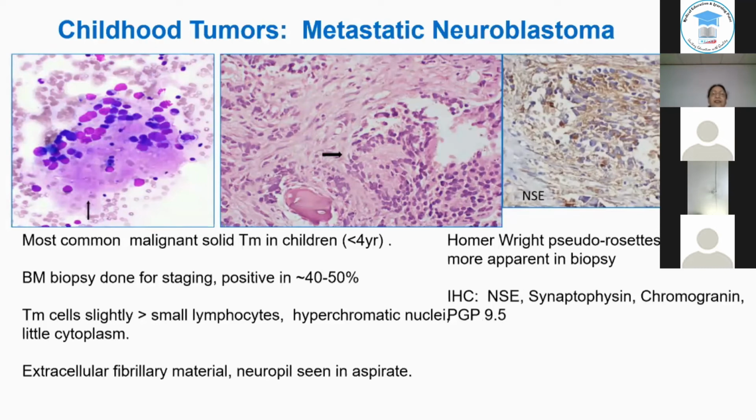You can see here also, the black pointer is pointing to this. And IHC is important. You can use NSE, synaptophysin, chromogranin, or PGP 9.5. Here you can see we have used non-specific enolase for this.